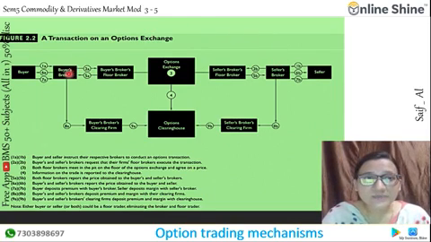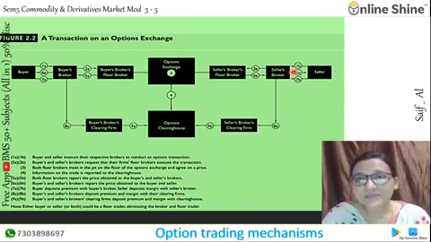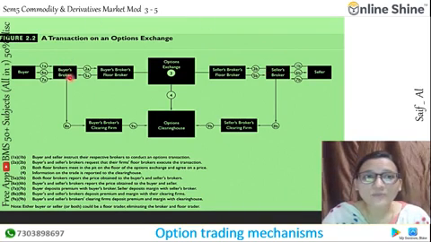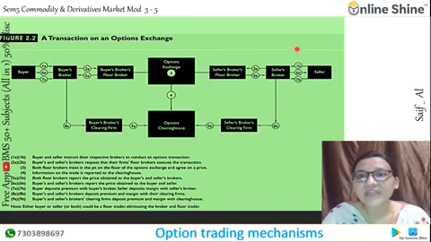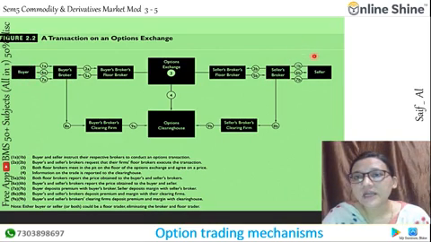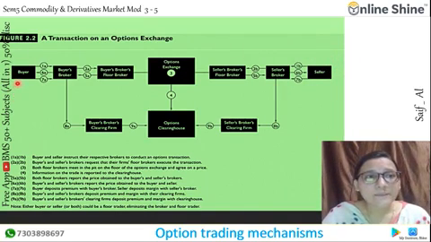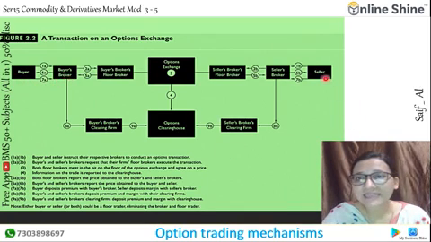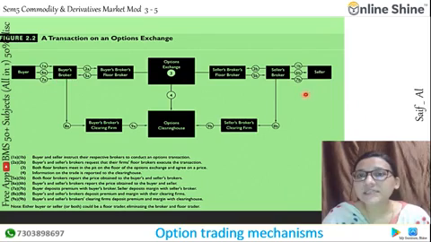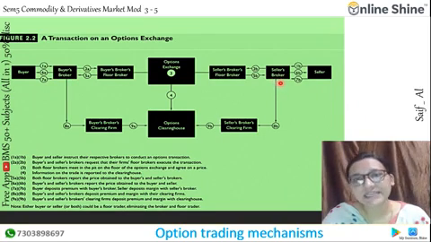Now the buyer broker and the seller broker also inform their clients, the buyer about the premium and the seller about the margin. Okay. Now what happened? The buyer paid the premium to the buyer broker and the seller paid the margin to the seller broker.